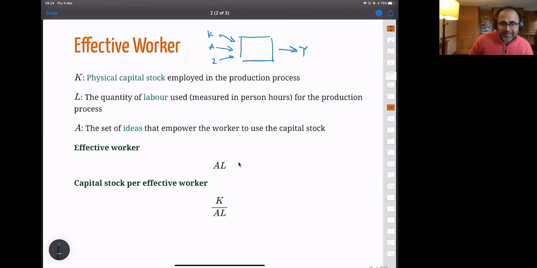Okay, so think about the coffee shop example that we were talking about last week. You can imagine a coffee shop where there is physical capital. So there's the coffee machines, there's the shop, there's the cutlery and crockery, all the physical capital. And then you have a bunch of people who've been hired to work in the coffee shop. Now, how the waiting staff and the manager and the barista use the physical stock requires a plan or a set of ideas.